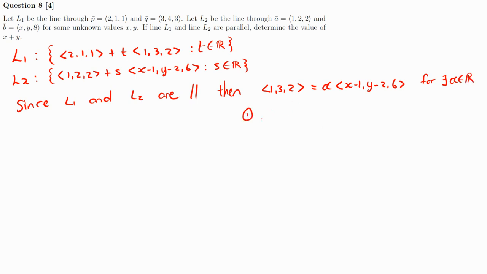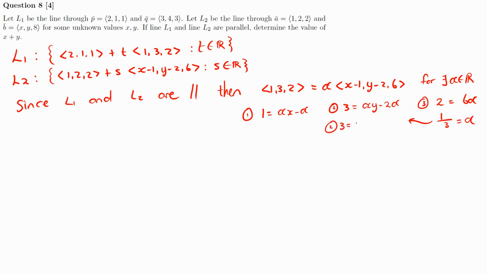Okay, so for our first one, we say that 1 is equal to alpha X minus alpha. From our second one, we have 3 is equal to alpha Y minus 2 alpha. And from our third one, we actually have 2 is equal to 6 alpha. So we can determine our alpha from the third equation. Our alpha will then be 1 over 3. Now let's substitute it into this one.